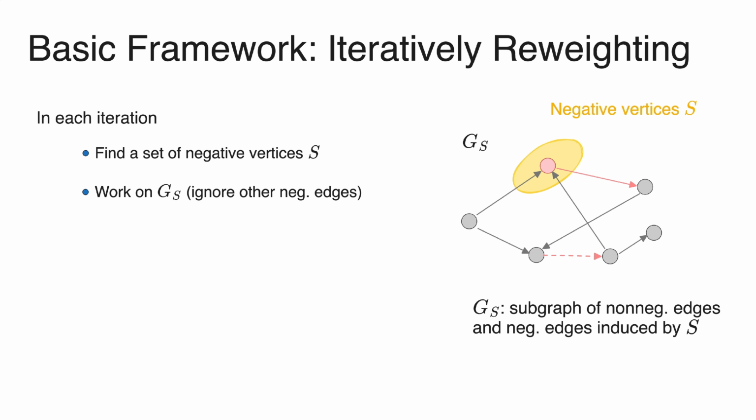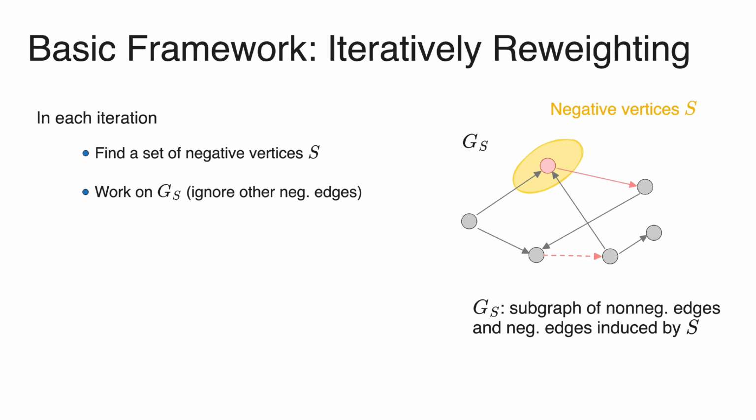Now let's move on to talk about the framework we are going to use. We follow the framework proposed by Fineman. So instead of reweighting negative edges to non-negative all at once, we are trying to make progress iteration by iteration.